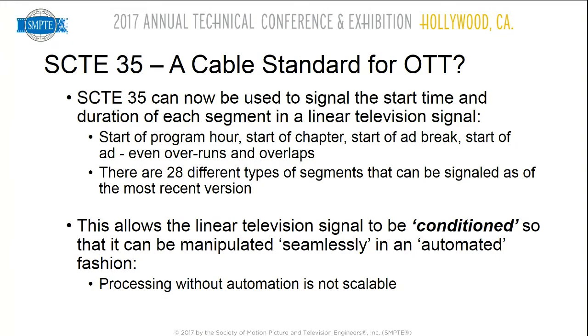And the automation is very important because with so many different distribution paths now, if you can't automate the insertion of these ads and the delivery of the content, as well as the creation of live to VOD assets, you're just not going to be able to scale. So the automation component of this is very, very important. SCTE 35 is really a critical standard when it comes to allowing the monetization of over the top.